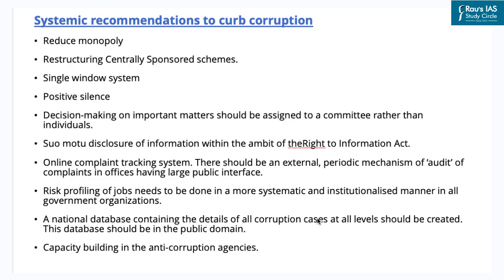As a last step of reform, the Second ARC also made systematic recommendations to curb corruption. The first among that was reducing monopoly in the system, as monopoly invariably leads to corruption and to a situation of abuse of power. It also recommended restructuring the centrally sponsored schemes, providing a single window clearance system, and introduction of the concept of positive silence.